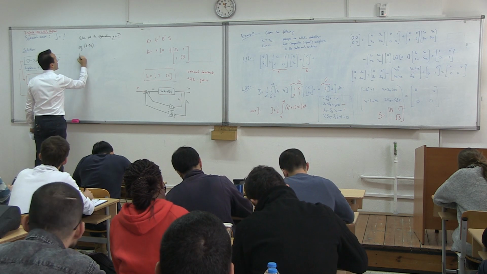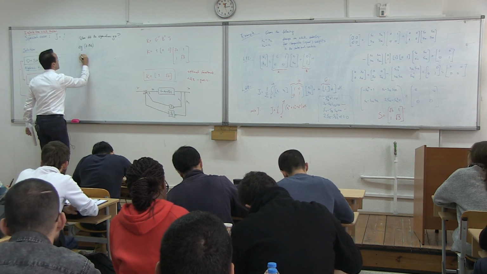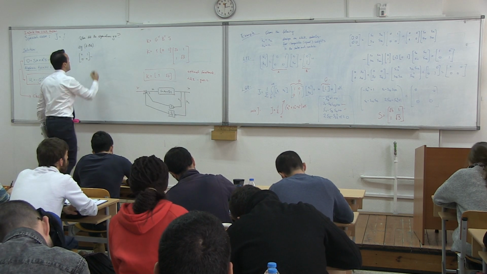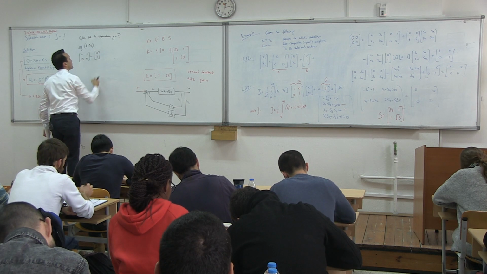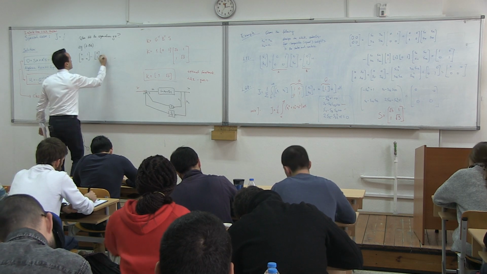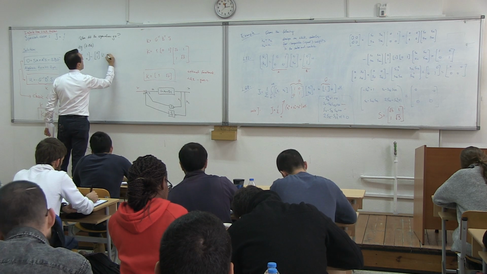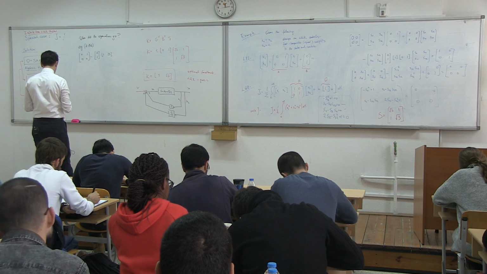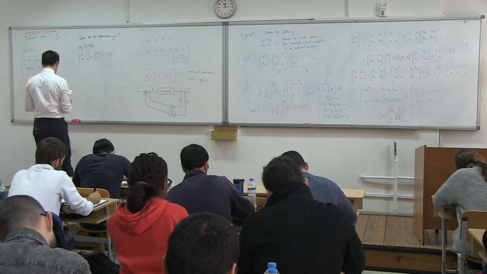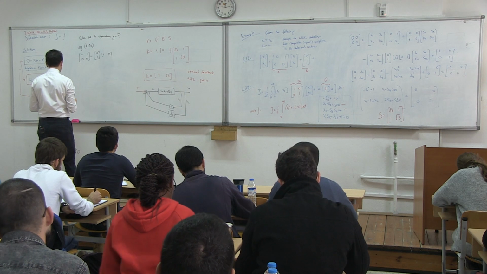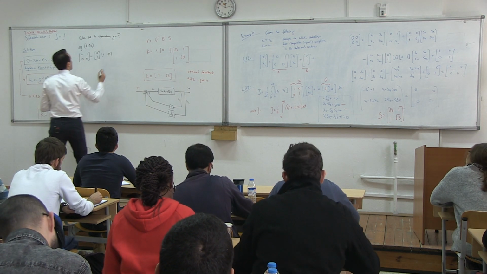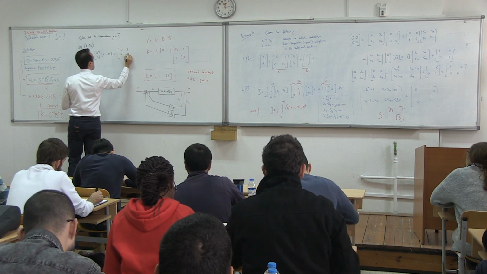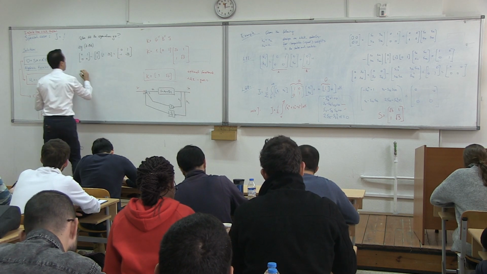Okay, so A is 0, 1, 0, 0, minus B times K, which is equal to 0, 1, minus 1, minus square root of 3.